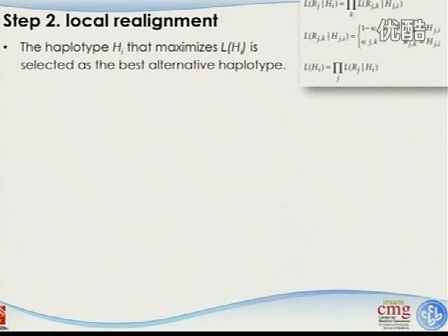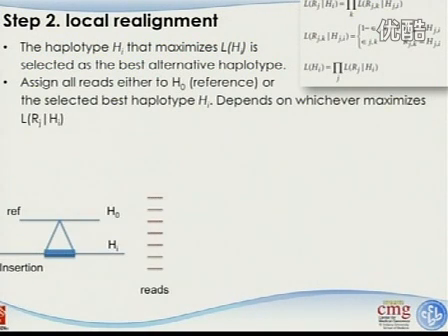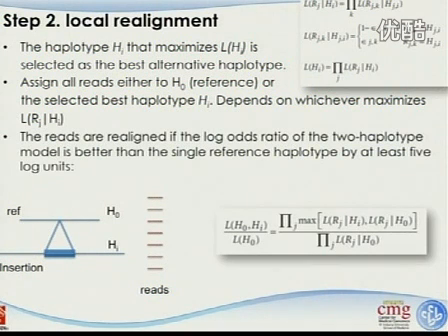And a little bit of math on this. The haplotype Hi, which is the new haplotype, the one where we see the insertion, that maximizes this L(Hi) is selected as the best alternative haplotype. Then we assign all the reads either to the original reference or to the reference with the best haplotype with this insertion. The reads are realigned if the log... okay, so here is the thing.